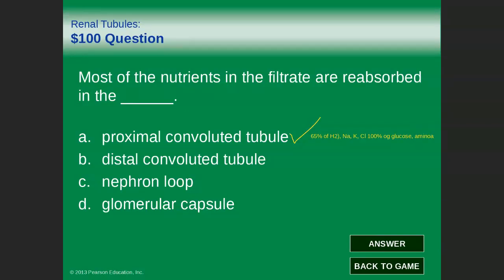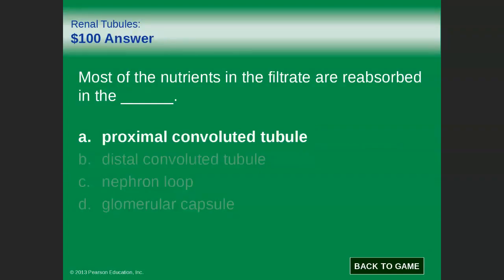That's where you're going to see the greatest volume change, in the proximal convoluted tubule. Most of the nutrients in filtrate are reabsorbed in the proximal tubule.